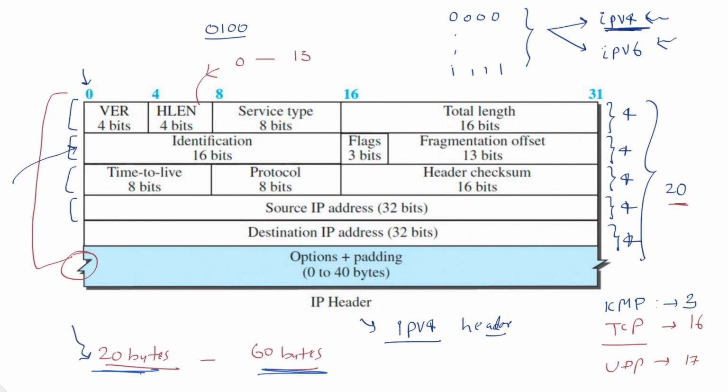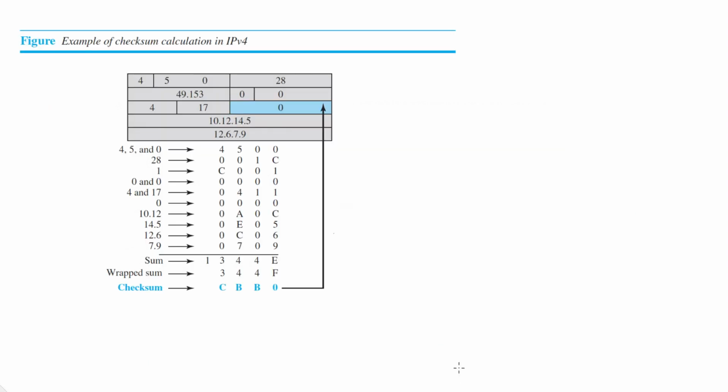So how we calculate this header checksum is like this. Suppose this is your IP packet, which has some values, maybe version 4, maybe this is 5, which means header length, I think, is 20. This 0 is, I think, type of service. This 28 was total length. So let's suppose the total length is 28 or something like that, right? These are the fields in the IP. This is the source IP, this is the destination IP.